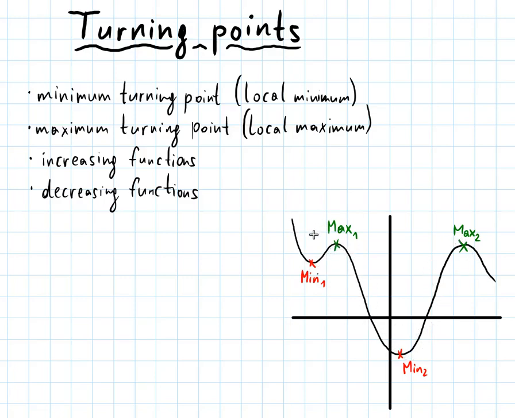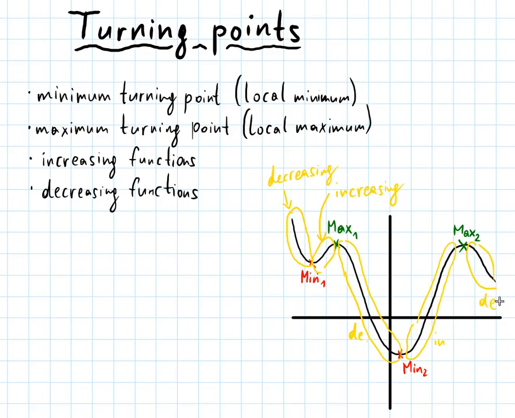So for instance, if you are asked to describe this function, then you would say that it's decreasing in this region, that it's increasing from the first minimum to the first maximum, that it's decreasing again in this region, it's increasing between this minimum and maximum, and it's decreasing again after the last maximum.